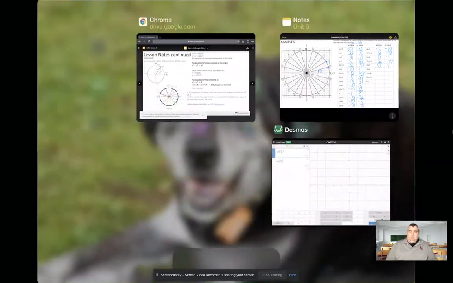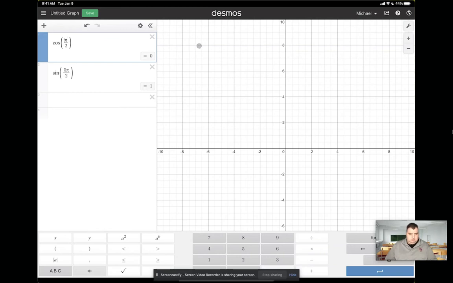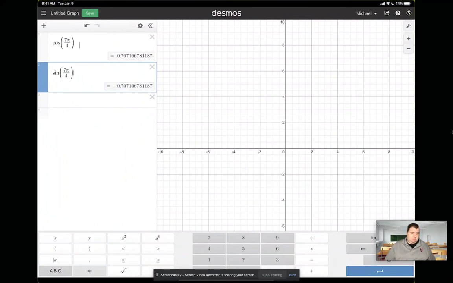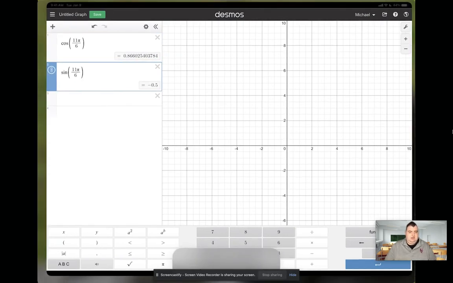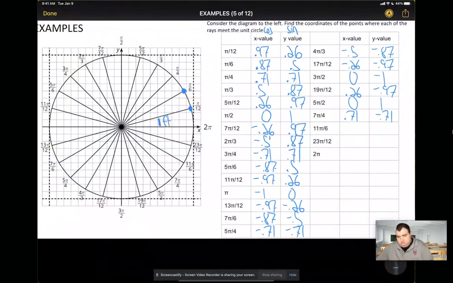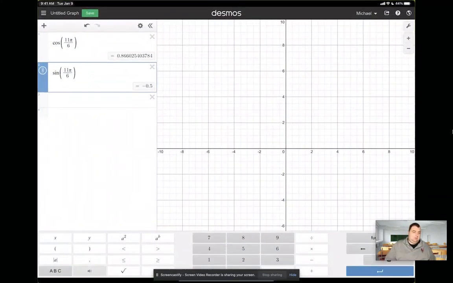We have 7 pi over 4. 11 pi over 6. So be negative 0.5 and 0.87. 23 pi over 12.